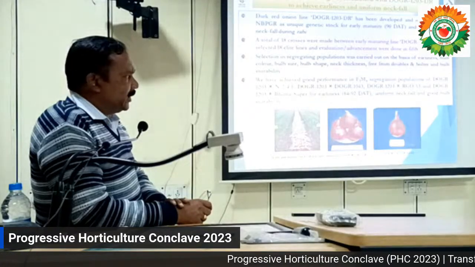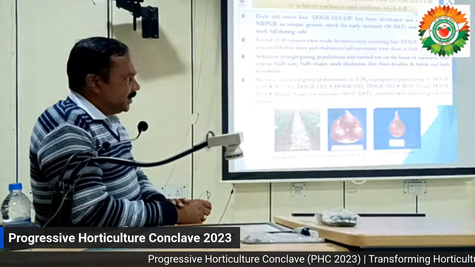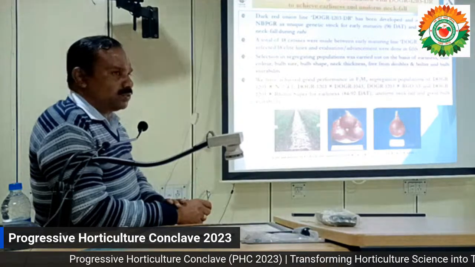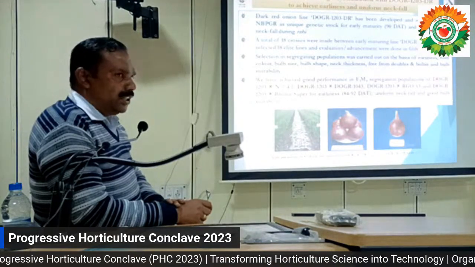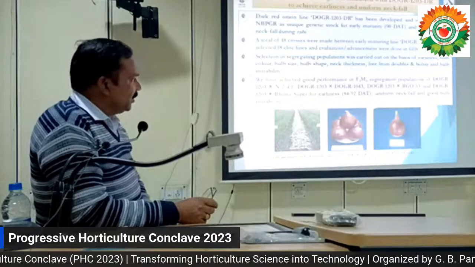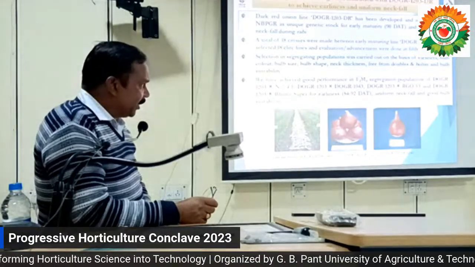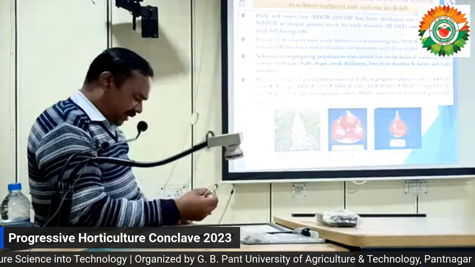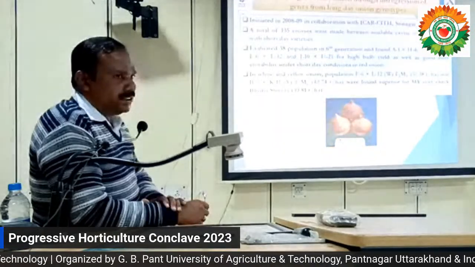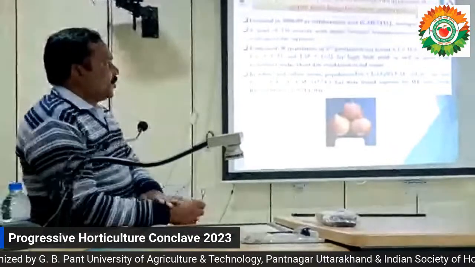So 18 crosses were made, and now in the 5th generation 4 populations were found early in maturity with high yield and 100% uniform neck fall. Neck fall is a desirable character in onion, which indicates maturity.